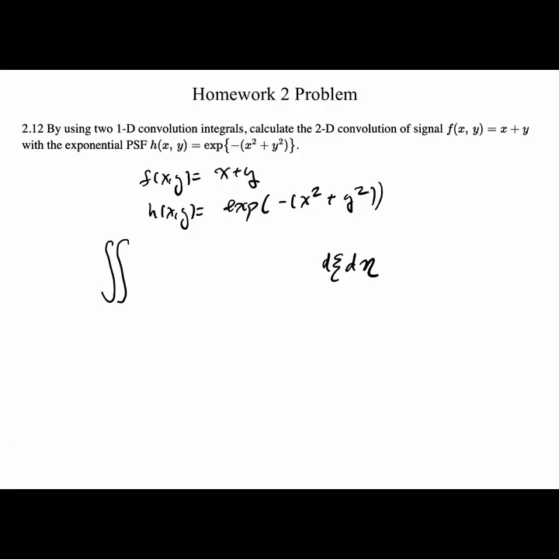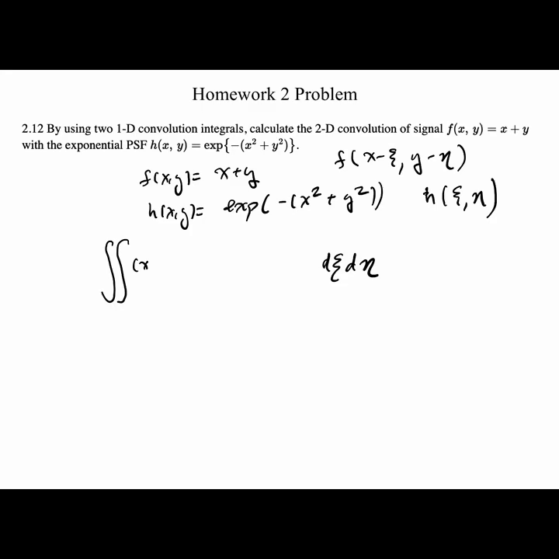If I get this wrong, I'll send out a correction, but let me just do this right. You're going to have one of them which is like an x. So you want something that has f of x minus xi, y minus eta. That's one of your terms. And then the other term stays as h of xi and eta. Then you just plug that into your formula.